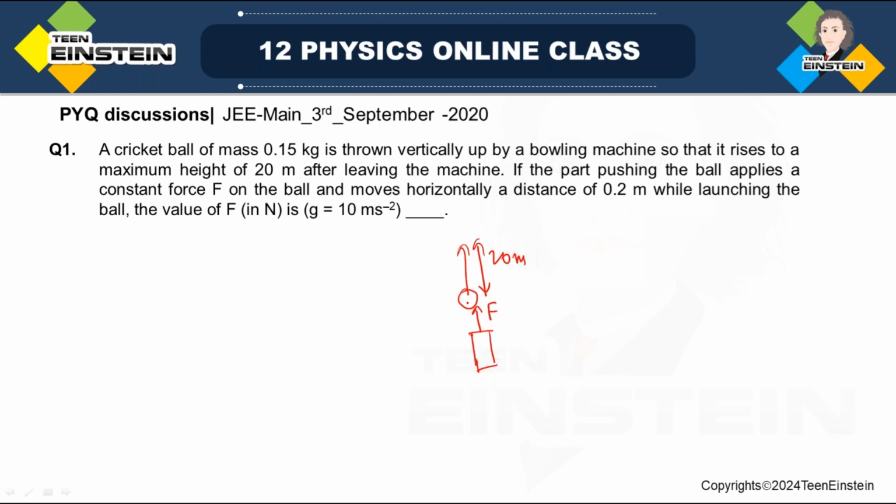So it has certain initial velocity when it was pushed by the part of the machine. So let us say that is v0. If that is the case, and then height is given, we can find out what is the velocity given. So that is root 2 g h.